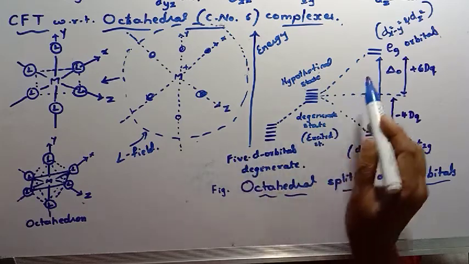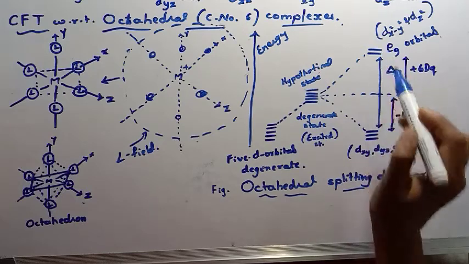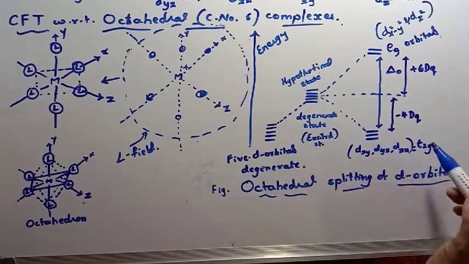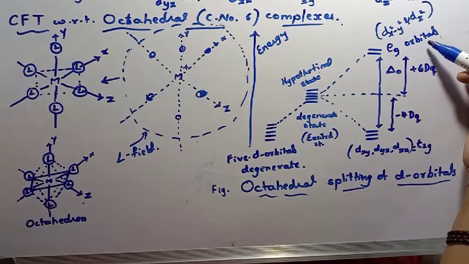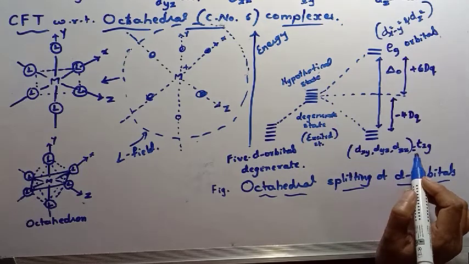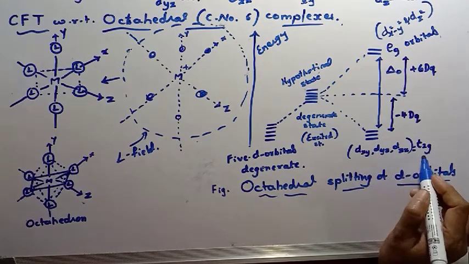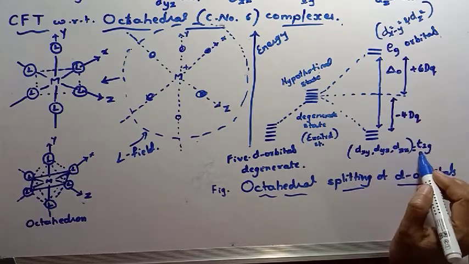Thereby the d orbitals are split into two sets of orbitals. The raised set, which indicates these two orbitals, is named the Eg orbitals, and the set of d orbitals which are lowered by this much amount of energy is named the T2g orbitals.